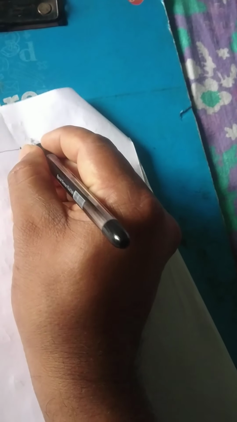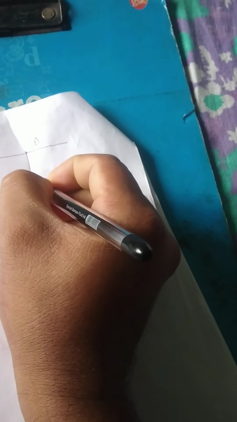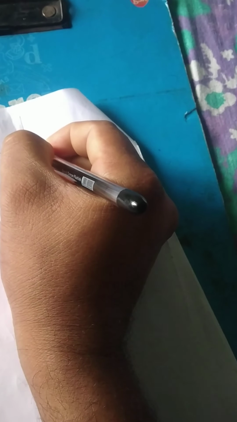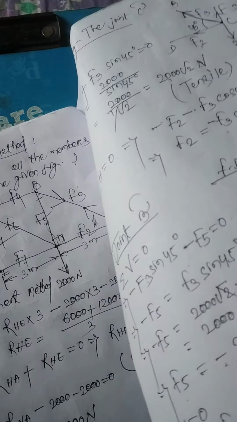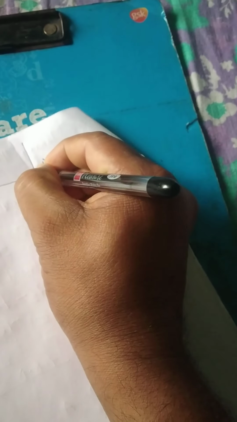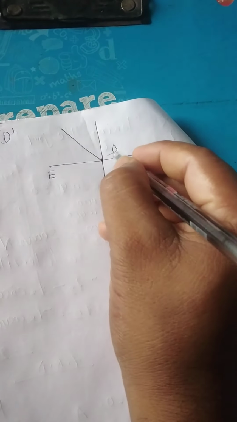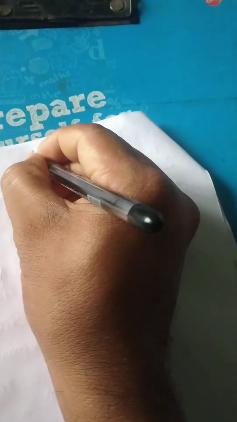See, this point is E, this is point D, this point is C, this point is B, and this point is A.